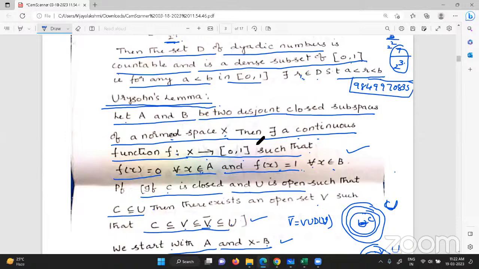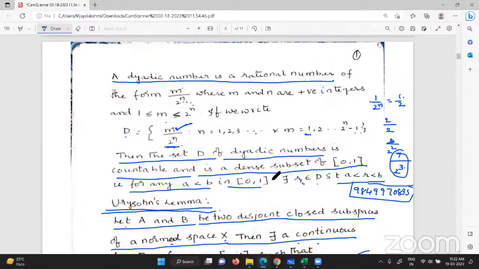Is this dyadic number concept clear to all of you? Yes, ma'am. M by 2 power n, where n can be 1, 2, 3 up to infinity. M is 1, M is 2, M is 3, like that, up to 2 power n minus 1. In the denominator, if it is 2 cube, the last dyadic number in the numerator will be 2 cube minus 1.